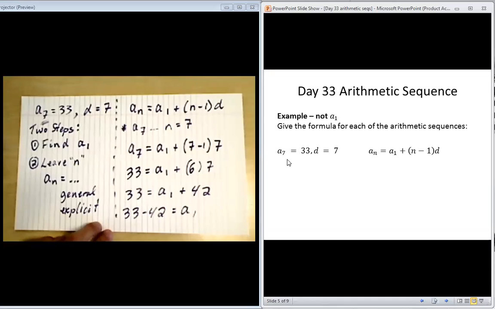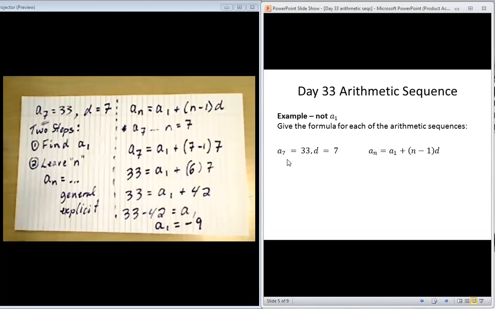And then given a value for A1, what is that going to equal? 33 minus 42. Minus 9? Yeah. Okay, so A1's minus 9.